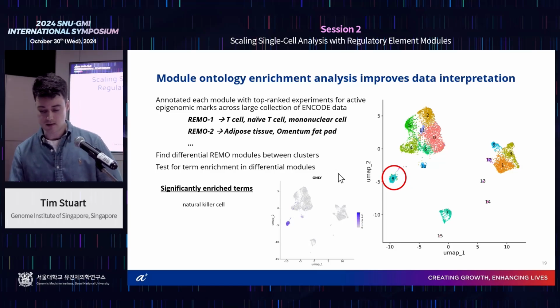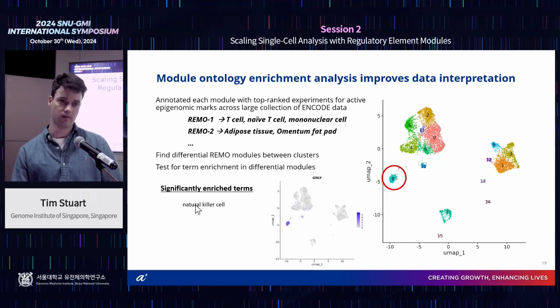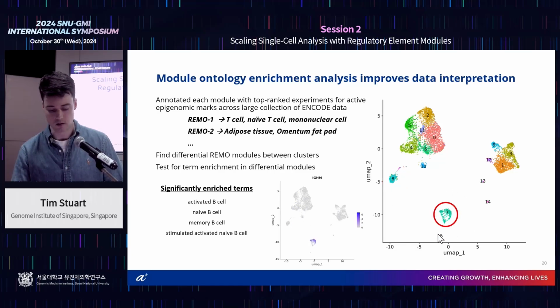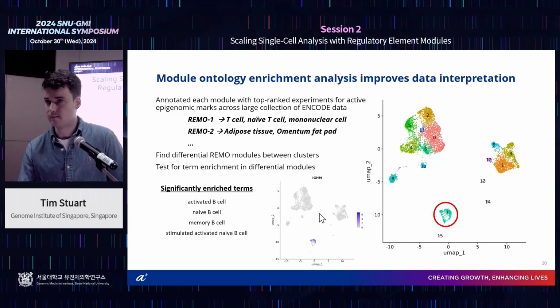We can look at other clusters. Here we do the same thing for cluster 8. The only enriched term that comes up is natural killer cell. We can look at GNLY, which is the natural killer cell marker, and it's consistent with that. We can look at cluster 7 here as well. All the enriched terms are related to B cells, and this cluster also expresses B cell marker genes.